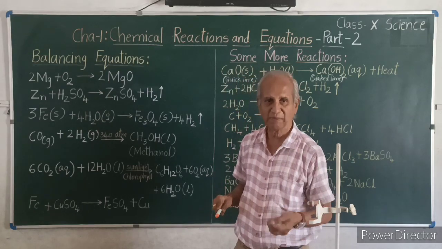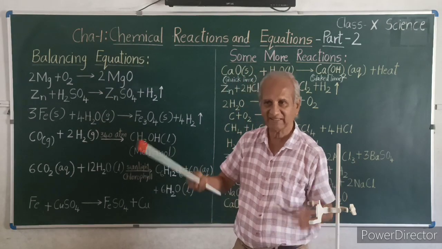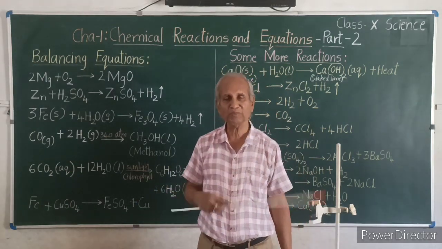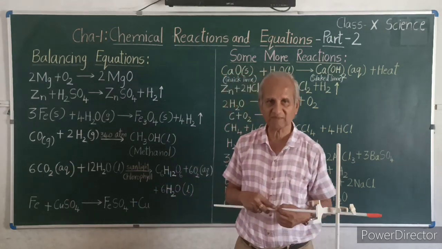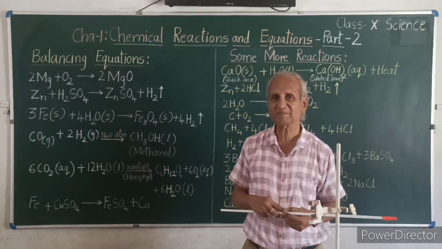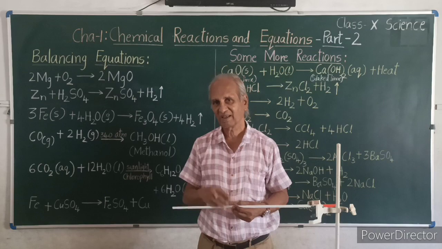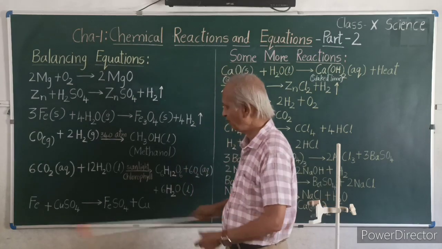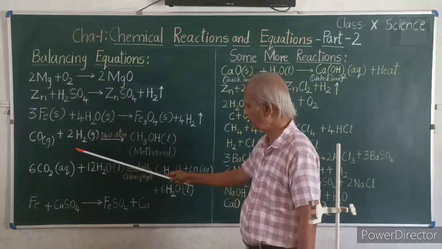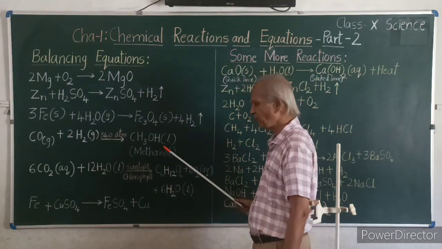Now the only aspect we have to check is balance. I have told you, when we want to balance an equation, we have to go for the most complex substance there. One is carbon monoxide, another one 2H2, that's hydrogen, the third one CH3OH.